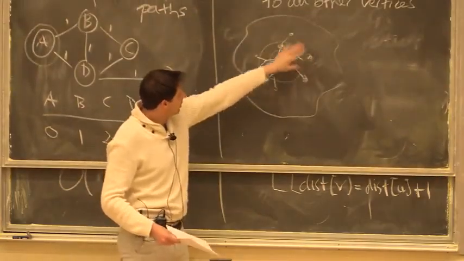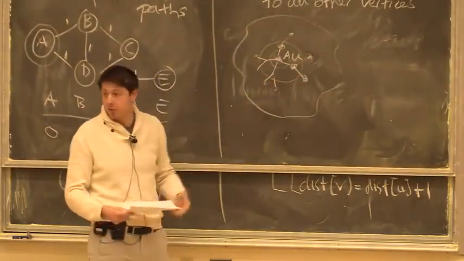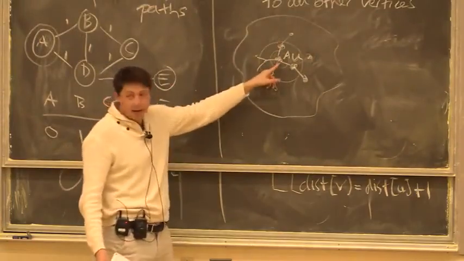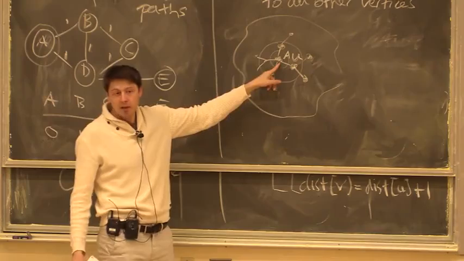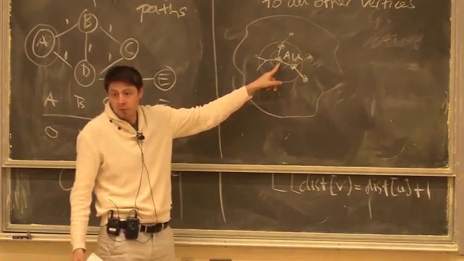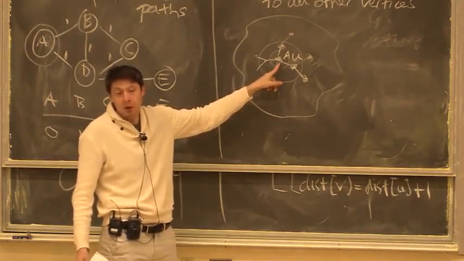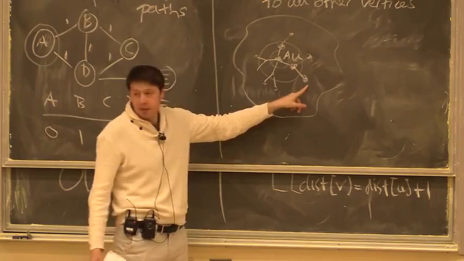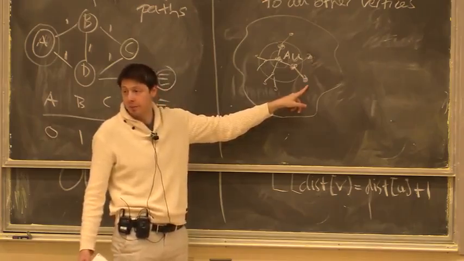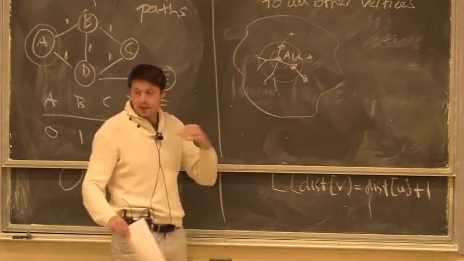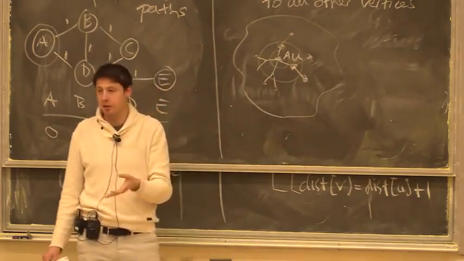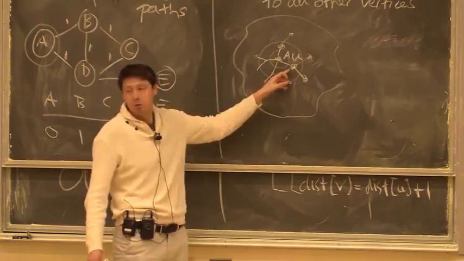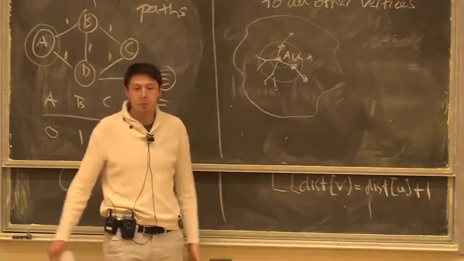Now we're exploring all the neighbors of U. Some of them, like A, already have distance less than infinity because we have processed them. They've already been on the Q. Others still have distance infinity because it's the first time we see them. So we set their distance to be the correct one, which is the distance of U plus 1, and we put them on the Q.